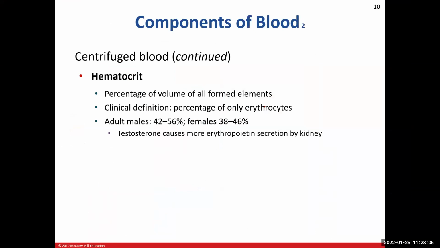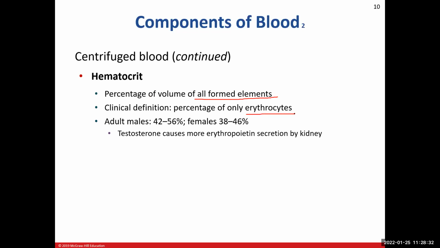So when we are spinning down the blood and we're looking at our centrifuged blood, there's a term that you'll see on your lab results called hematocrit. You need to know the definition of this. This is basically the volume of all the formed elements. Pretty much, because the majority of those formed elements are erythrocytes. I mean, they make up 44%.